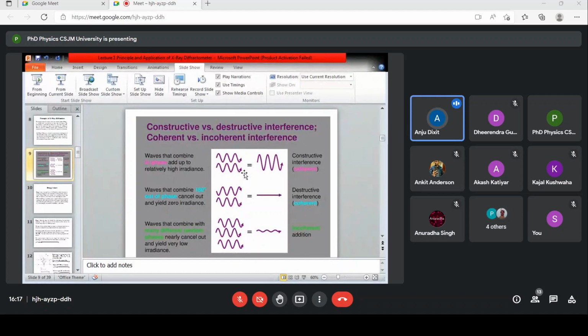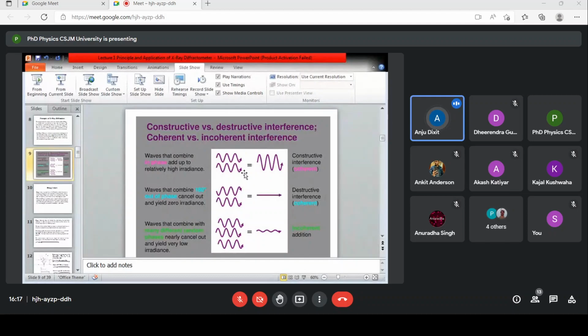The second case is when waves that combine 180 degrees out of phase cancel out and yield zero irradiance, then it is destructive interference. Or waves that combine with many different random phases nearly cancel out and yield very low irradiance, that is incoherent radiation. So we can have any of these.